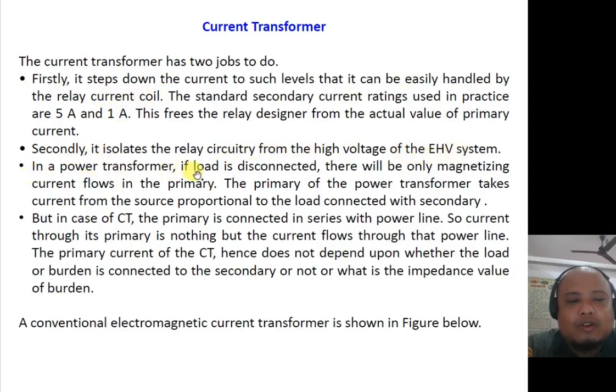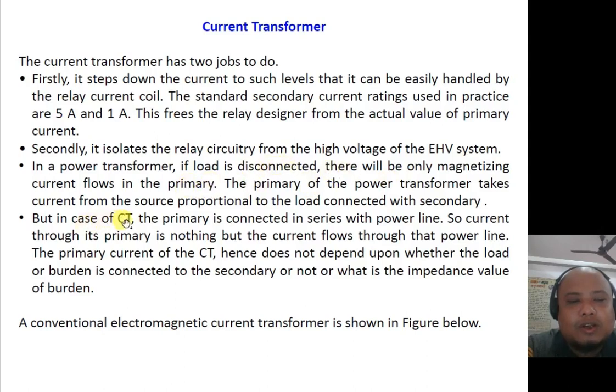In a power transformer, if the load is disconnected, there will be only magnetizing current flowing in the primary, which is proportional to the load connected with the secondary. So it still draws some amount of current from the source even though the load is disconnected.